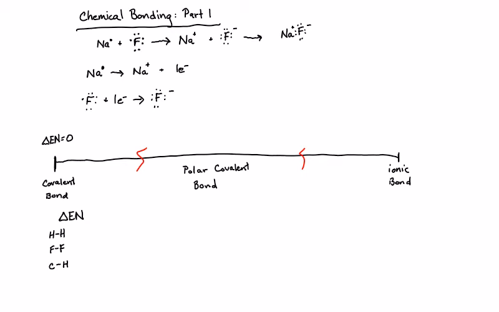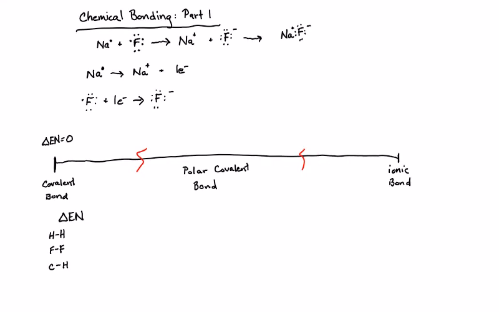Okay, so if we have something that's from the far left-hand side of the periodic table being bound to something on the far right-hand side, like, for example, sodium and fluorine, well, that's going to be an ionic bond. That's a pretty extreme value for the difference in electronegativities.